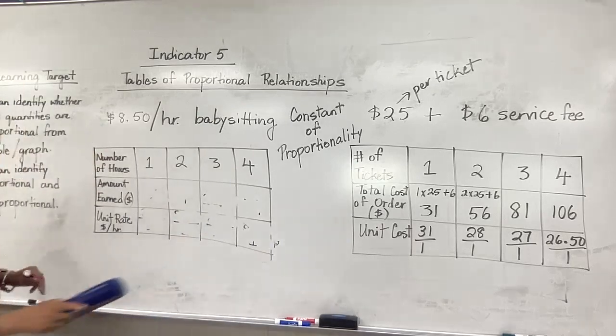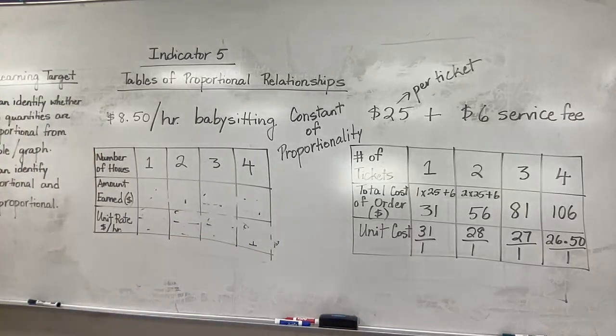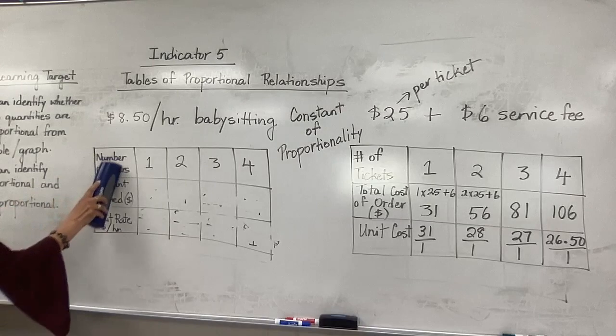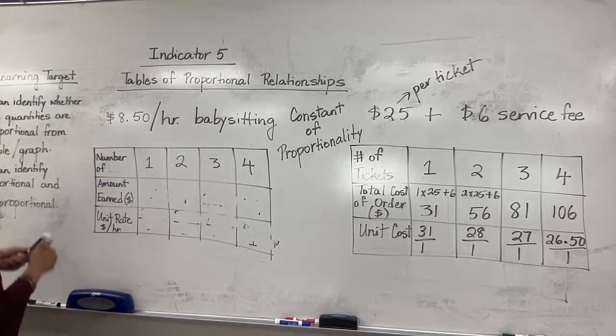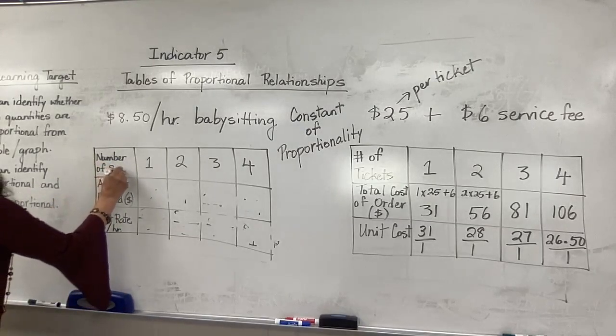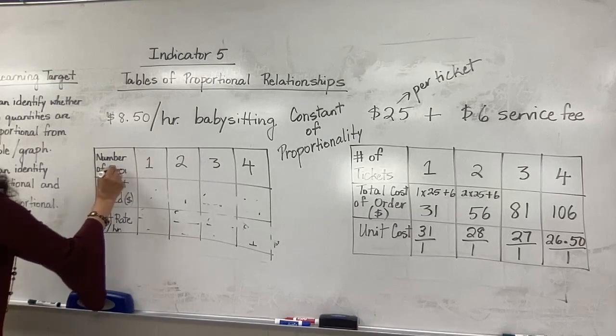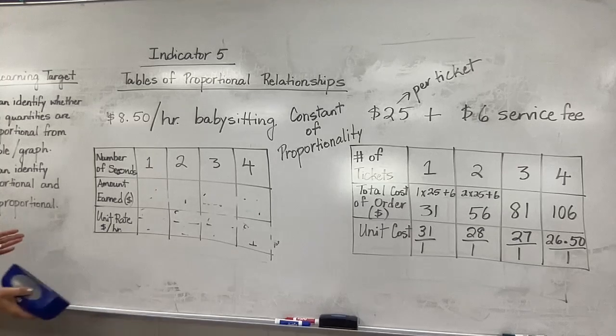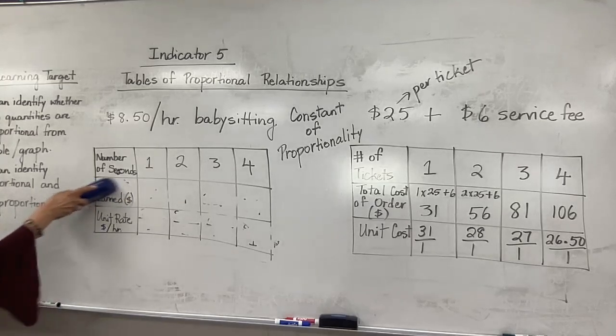Okay, so let's say creators of a stop motion animation film can film 24 frames per second. I'm going to call this number of seconds, and I'm going to take 1, 2, 3, 4, and then number of frames.